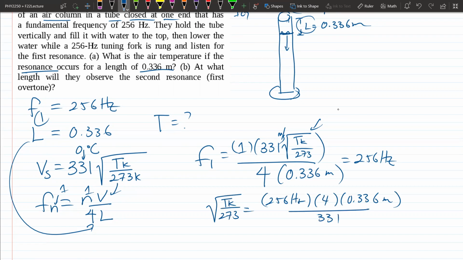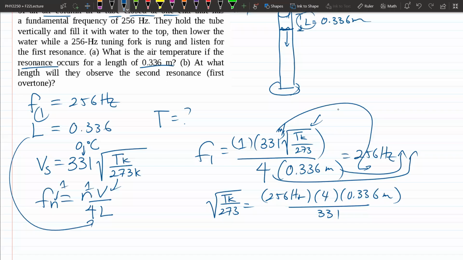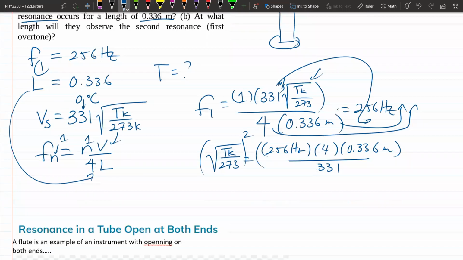You can see what I did. I moved 3 things in the algebra step: I moved this up here, moved this up here, and moved this down on the bottom. Then you square both sides. Then you get TK equal to this whole thing squared, multiplied by 273 Kelvin.